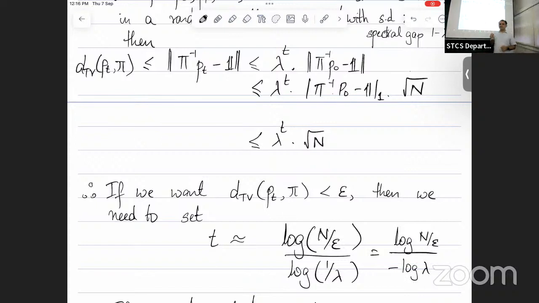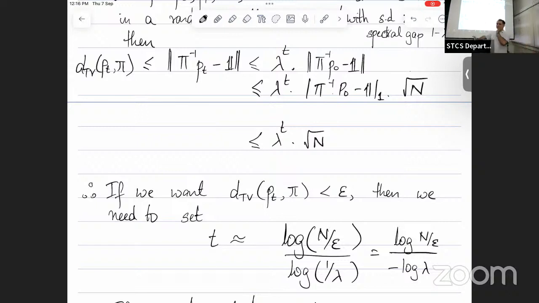But whenever I see something like this, it takes me a moment to convince myself that lambda is less than 1, so this is a positive quantity. But sometimes it's convenient, especially if you want to think of what happens when lambda is this much or that much, etc.